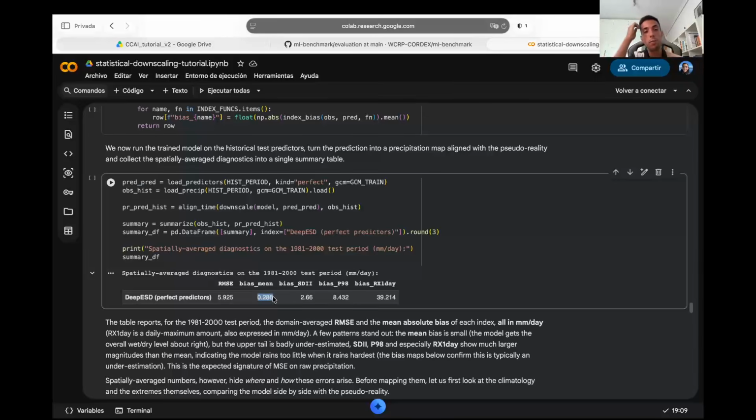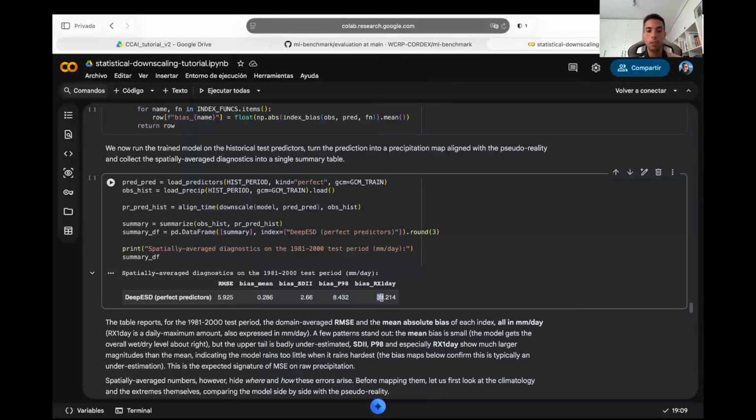The bias for the mean precipitation is not that high. Well, that may be the case, but if you go to the extremes, as you can see in these other diagnostics, for instance, if we focus on the bias of the 98th percentile instead, we can see how we get 80 millimeters. So this is more concerning, I would say.